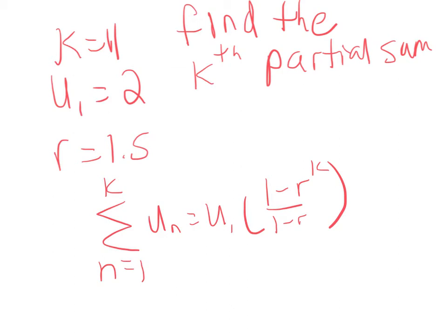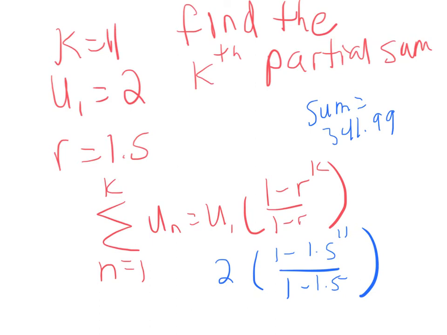So we know u of 1 is 2. We know that the rate is 1.5, so that'll be 2 times 1 minus 1.5 to the 11, over 1 minus 1.5. Type that in your calculator. After I typed it in my calculator, I would normally like it as a fraction, but this did not turn into a fraction, so 341.99 would be the answer. Easy breezy, awesome.